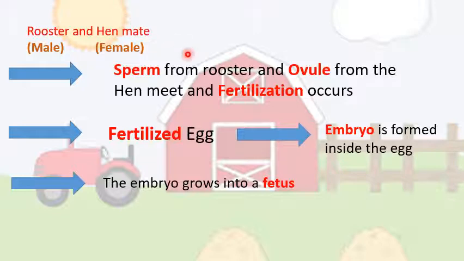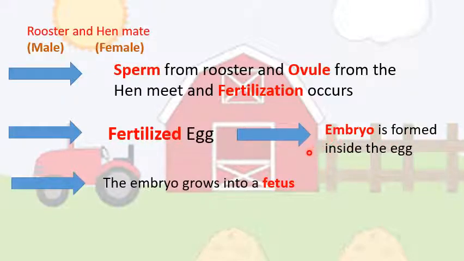When the sperm reaches the ovule, fertilization occurs. Then what happens? We're going to have a fertilized egg. Inside this fertilized egg, there is a mini baby. It's called an embryo.